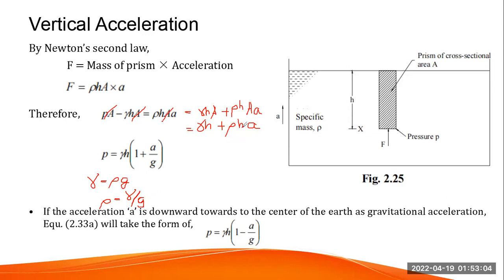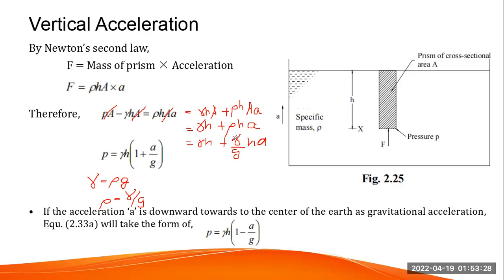Okay. So, i-substitute lang natin yung value na yan dito. So, mangyayari is unit weight times height plus unit weight times gravity over height times acceleration.